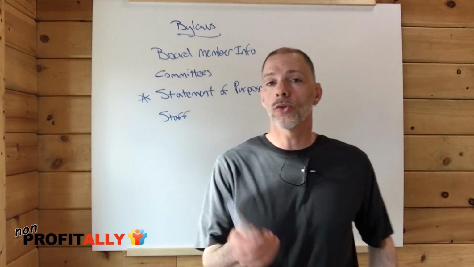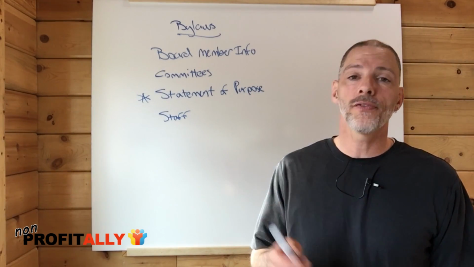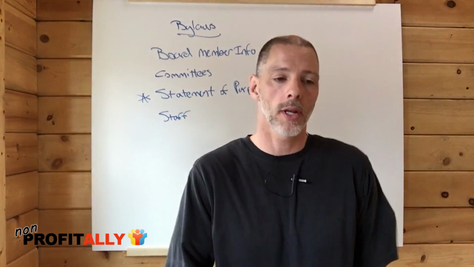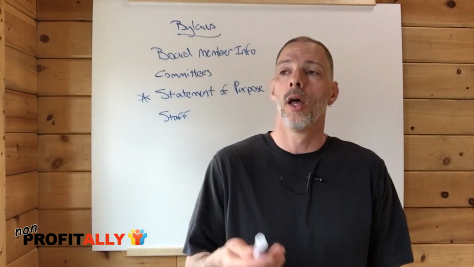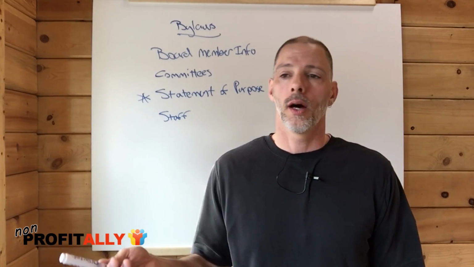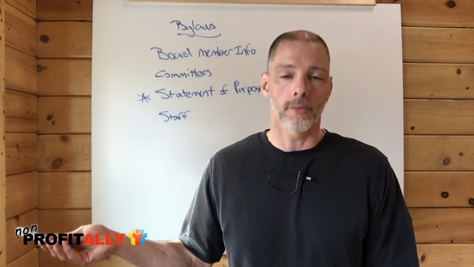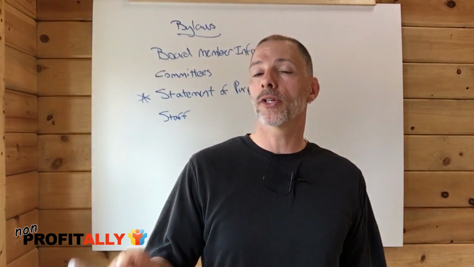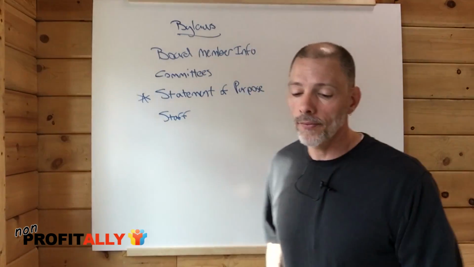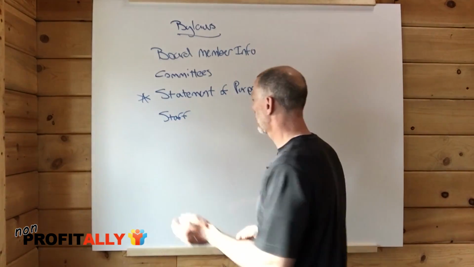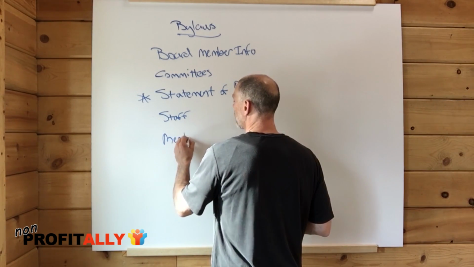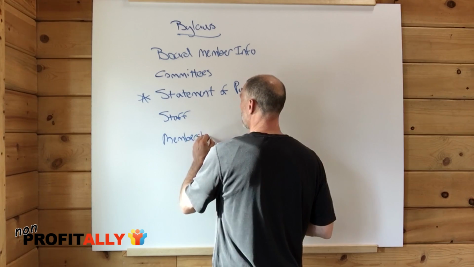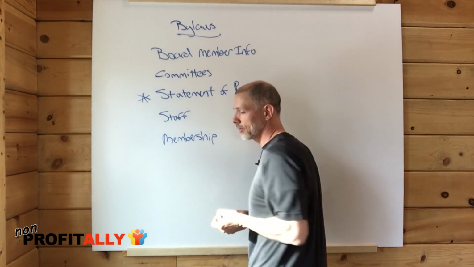Now, here's something you do need to definitely include. If you are going to have a membership, you're going to have people sign up and become members of your nonprofit. They now support the Watershed Coalition of Greater Cleveland, right? And you're going to have members sign up. You're going to have in there their membership rights, their privileges, and all the information about being a member of a membership organization.